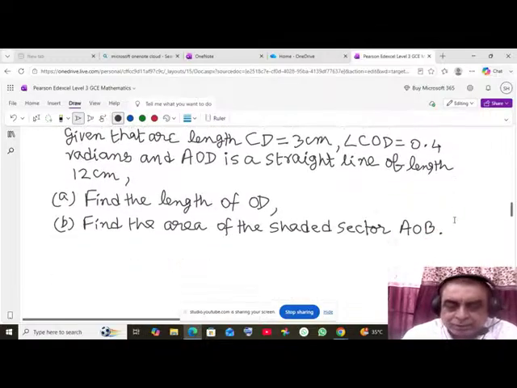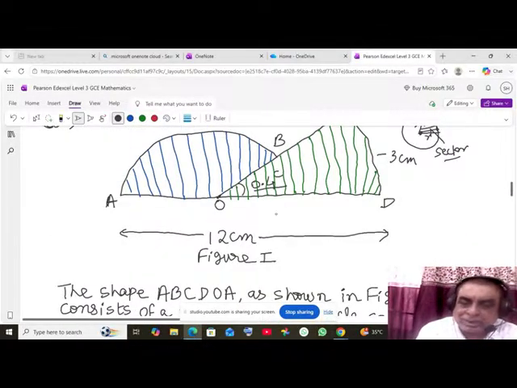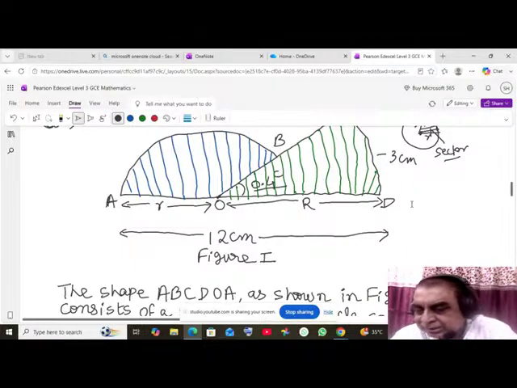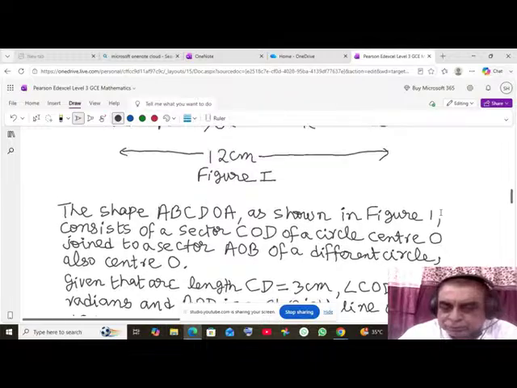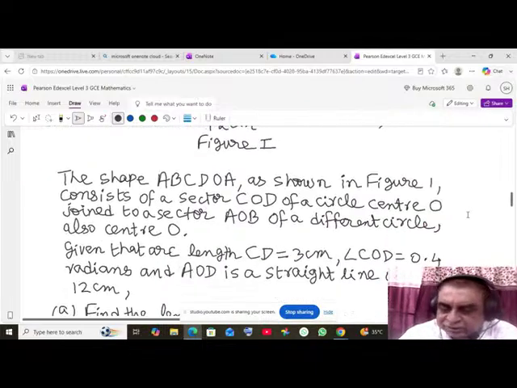Okay, now we are asked to find the length of OD. OD is the radius of the larger circle, and AO is the radius of the smaller circle. Both have the center point O. So in the A part, we are asked to find the length of OD, that is the radius of the larger circle.